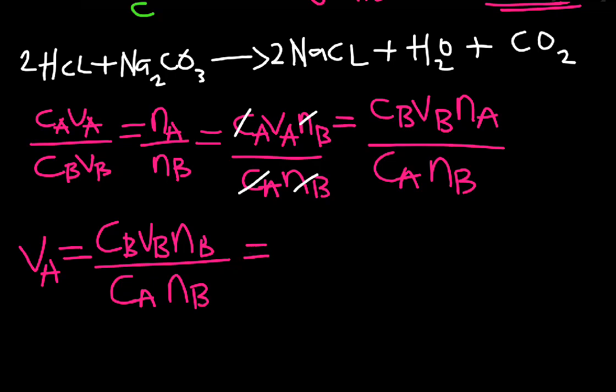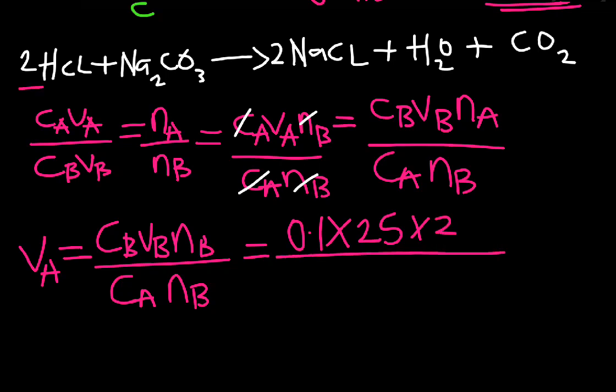So what's the value of the concentration of the base? It's 0.1, times the volume of the base, 25 cm³, times the mole of the acid from our equation here, which is 2, over the concentration of our acid, also 0.1, times the mole of the base, which is just 1.